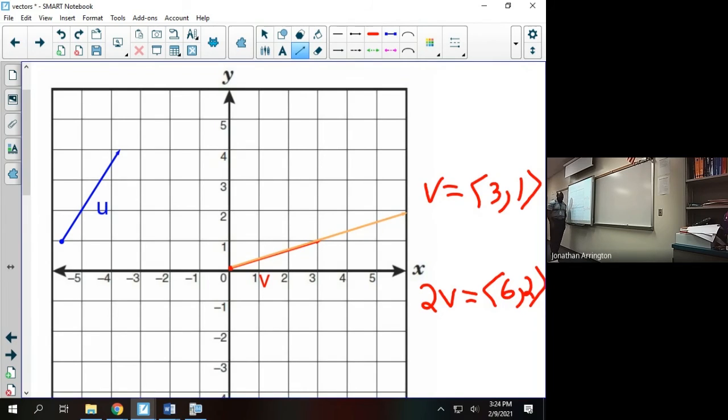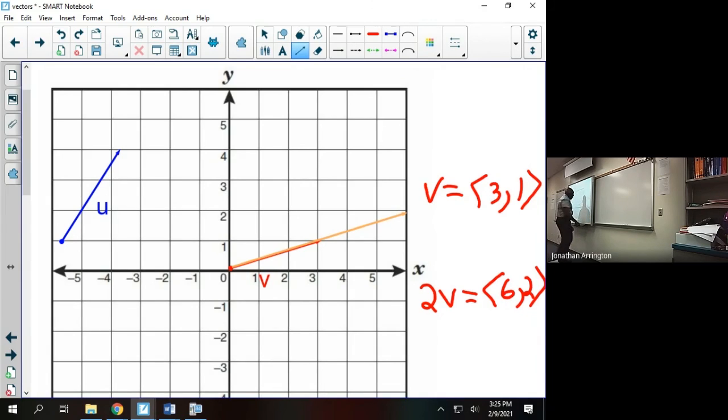So as you can see, it's the exact same vector. It's just twice as long. It's going in the exact same direction. So when I scale a vector, it's going to go in the same direction, but it's going to be scaled. So it's going to be either bigger or smaller, depending on the value of the scalar. Of course, if this was 1/2 v, it would be in the same direction, but half as big.